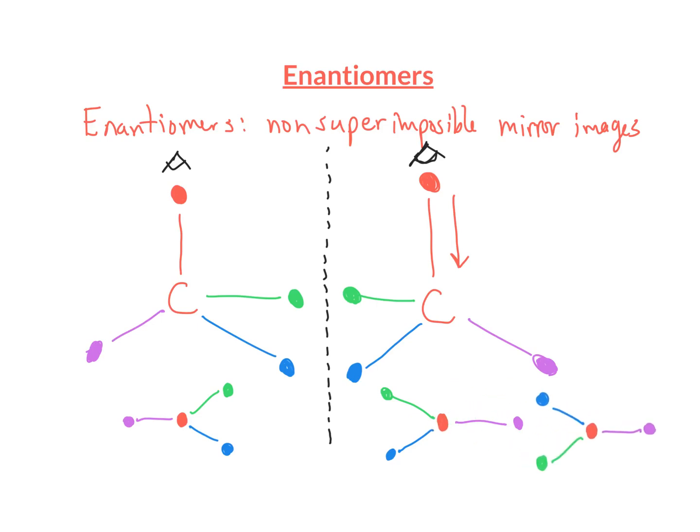So another example of non-superimposable mirror images are your left and your right hand. If I'm going to draw the left hand right here, a non-superimposable mirror image, the mirror image of your left hand would be your right hand.